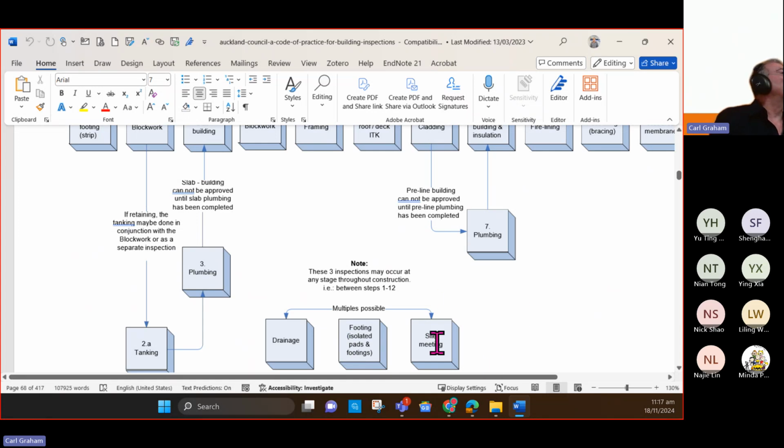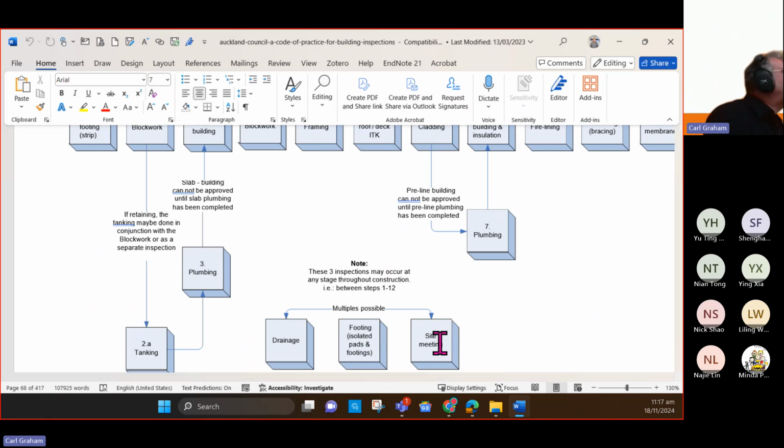And then there's this thing called a site meeting, right? Often the site meeting is because the homeowner has fired someone, predominantly the builder or the block layer, and they want a site meeting to work out how do we move forward?